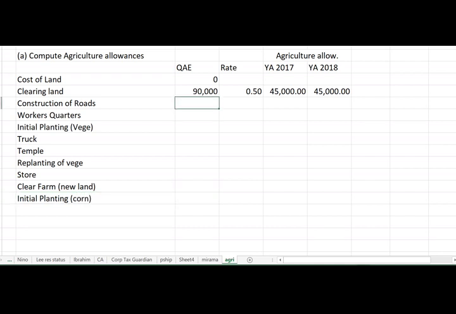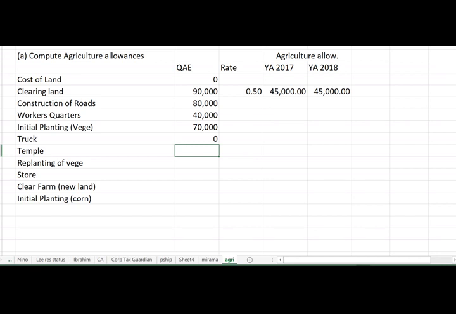Okay, constructing road, how much is the amount? 80. Workers' quarter is 40, right? Tell me if I'm wrong, because it's a bit hard for me to read from the notes. Initial planting 70. Now the truck is 0, because truck is not qualifying agriculture but is capital allowance.